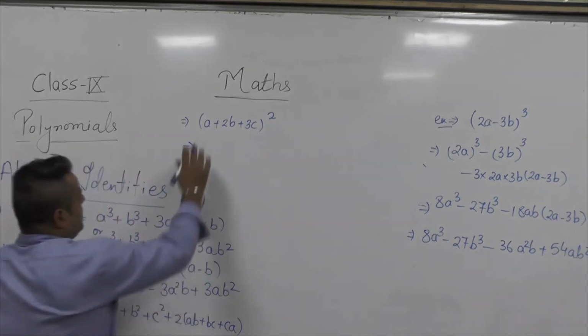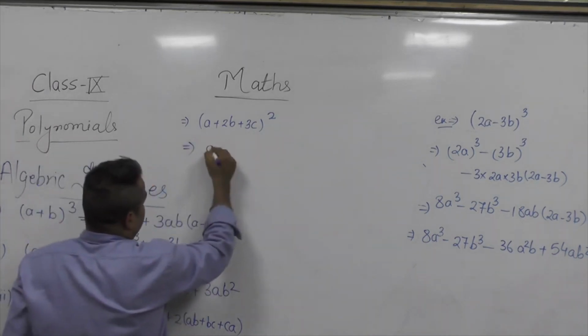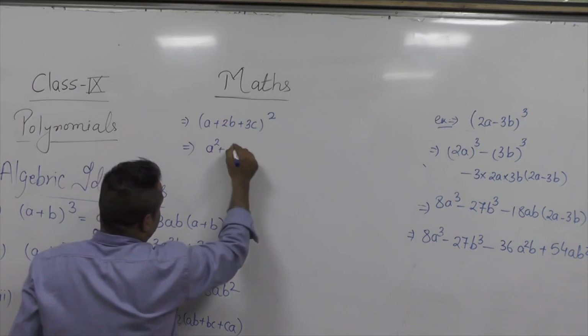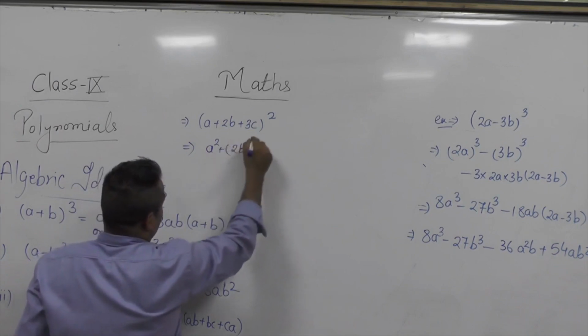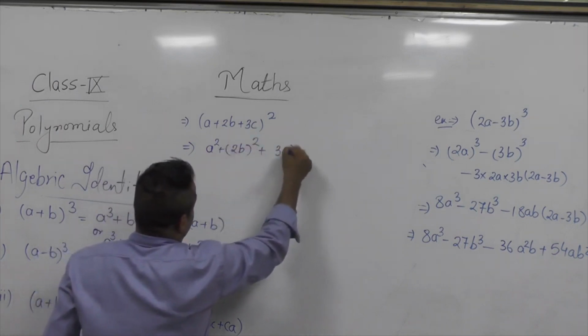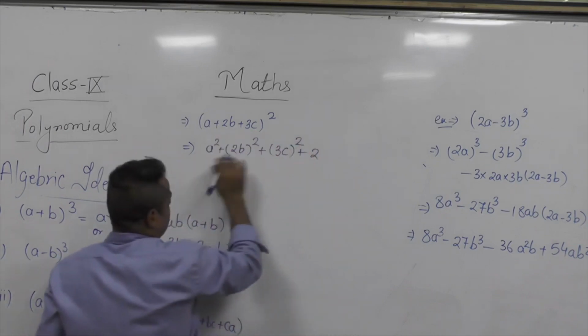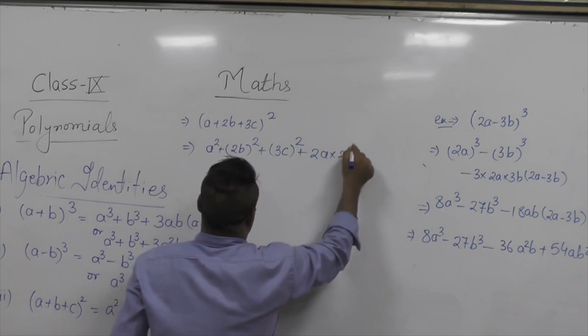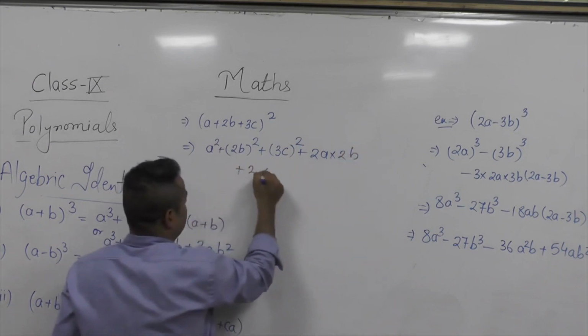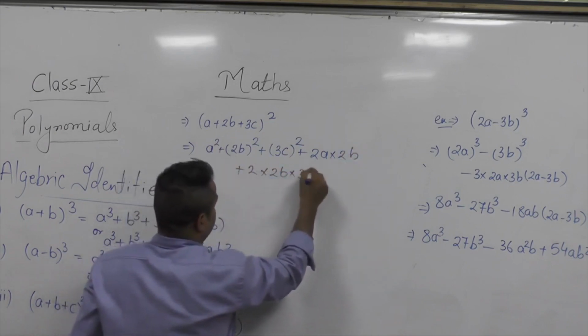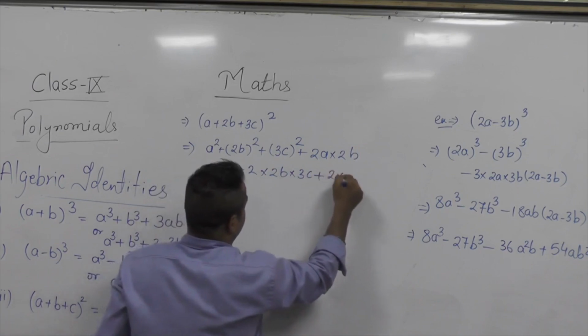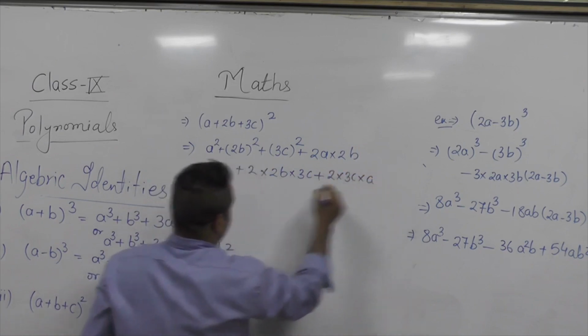Now see, a plus b plus c whole square is a square plus b square plus c square plus 2ab plus 2bc plus 2ca. In the place of b we have 2b, so 2b square plus 3c square plus 2ab, that means a into 2b, plus 2bc, that is 2b into 3c, plus 2ca, that means 3c into a.